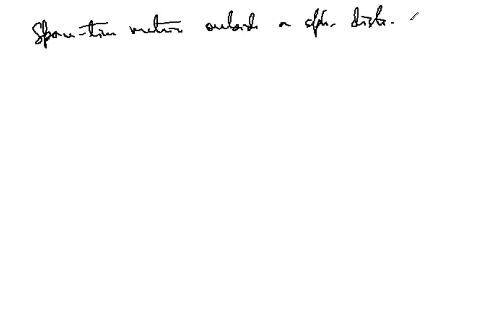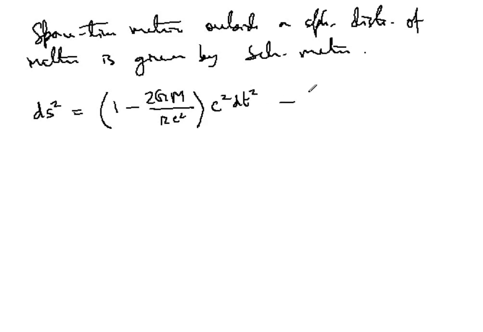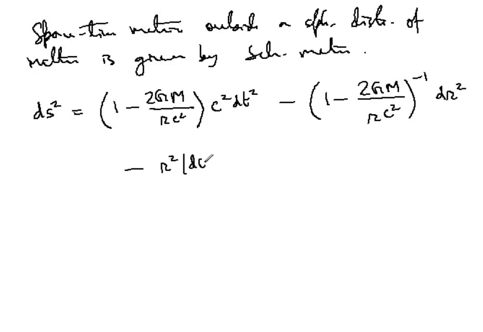A spherical distribution of matter is given by what is known as the Schwarzschild metric, and the structure of the metric is like this: ds square is equal to (1 minus 2GM by r c square) into c square dt square, minus (1 minus 2GM by r c square) to the power minus 1 dr square, and minus r square (d theta square plus sin square theta d phi square).